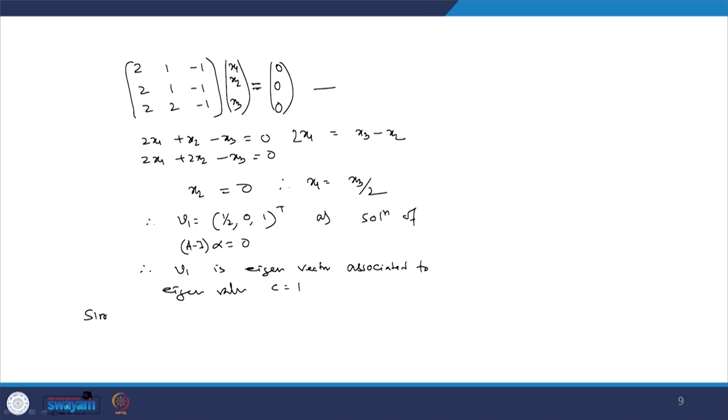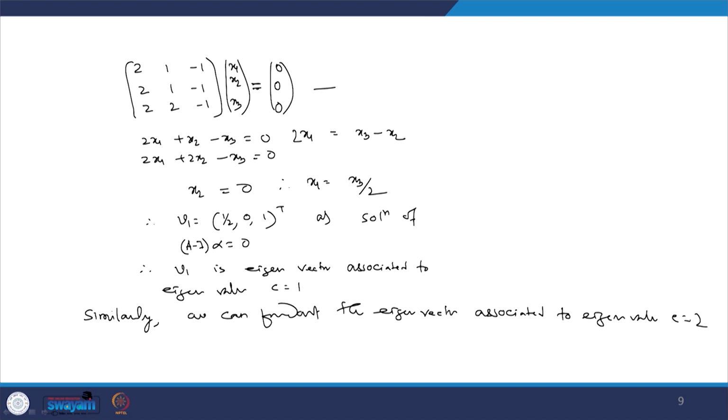Similarly, we can find the eigenvector associated to eigenvalue c equal to 2. If I do it in the same way, we can find the eigenvector associated to the eigenvalue c equal to 2 as v2 equal to (1, 1, 2) transpose.